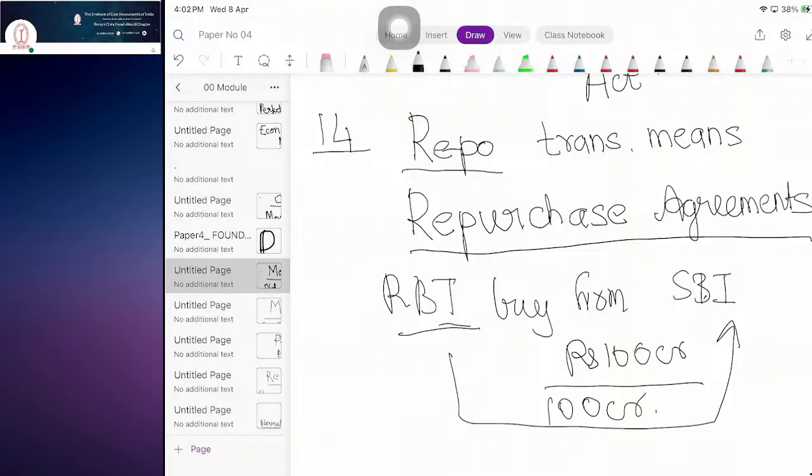And after 15 days, SBI will repay this loan, or it will repurchase the securities which were sold to RBI. So it will buy securities which it had sold.